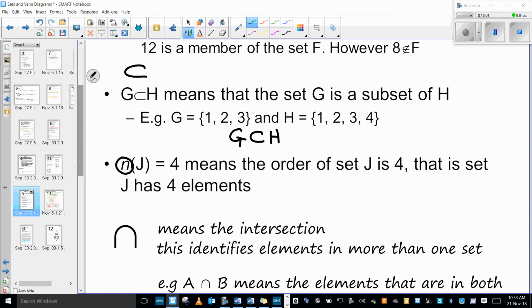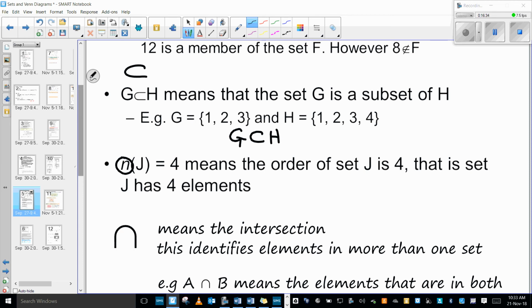If we were talking about Miss Harrison's Year 11 maths class, the n of that set would be 14. I'm not asking you to list those people, but there are 14 of them.